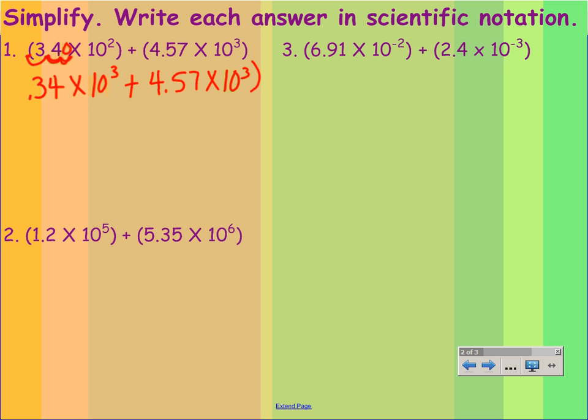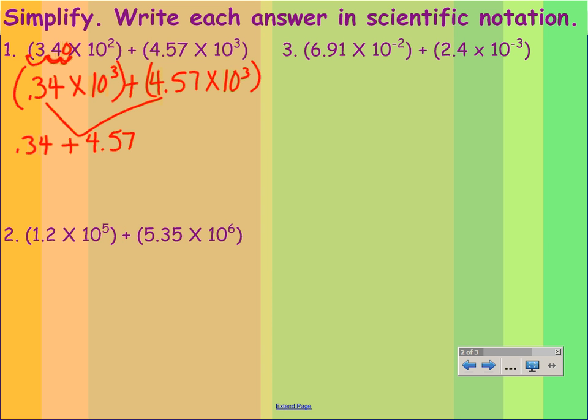I'm going to leave both of those in our sets of parentheses. And then the rule that I just discussed with the A, B, C, D, now that applies. So what we want to do is add A plus C, so 0.34 plus 4.57. I hope you're writing this down, because as I'm talking to you, you're taking notes so that you can refer back to this when it's time to do the work in class tomorrow.